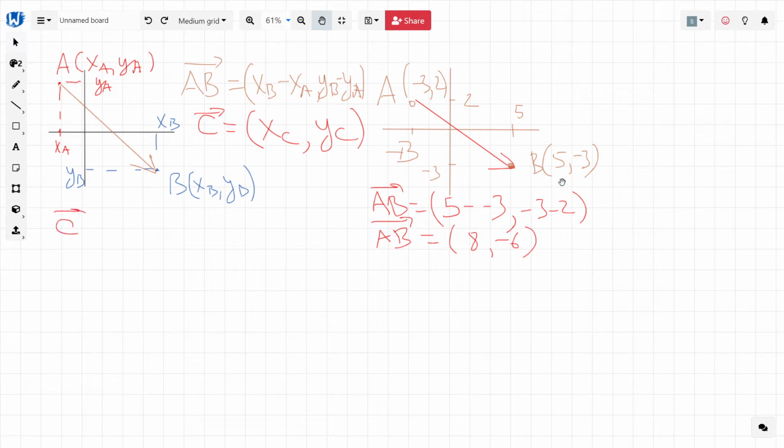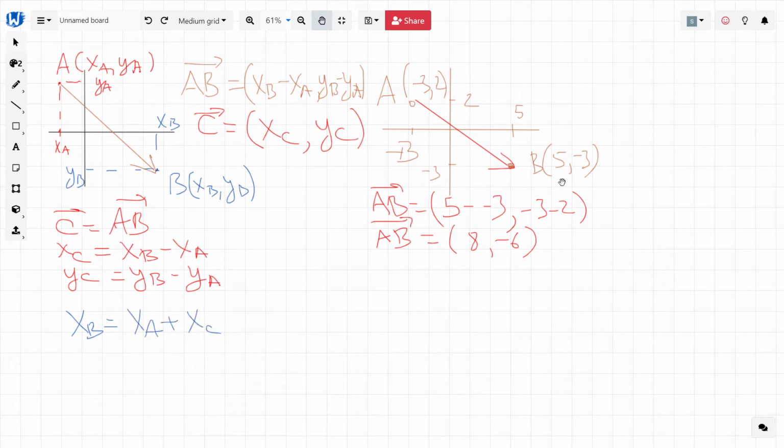So xc will be xb minus xa, and yc will be yb minus ya. Okay? And now these formulas, I'm going to rearrange in a different way. I'm going to say that xb is xa plus xc, and yb is ya plus yc.